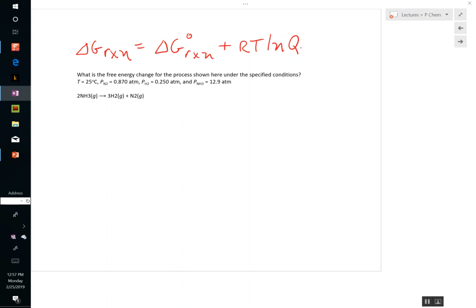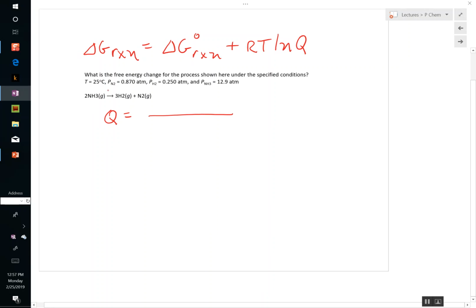Just to toss this example in here, what you would need to do is set up a relationship for Q. You've got the partial pressure of nitrogen, the partial pressure of hydrogen, the partial pressure of ammonia. Let's think it through without doing the calculation; I'll leave it to you to do later.